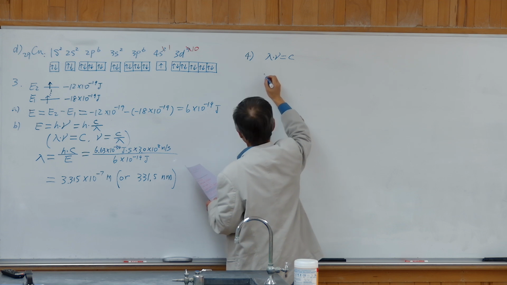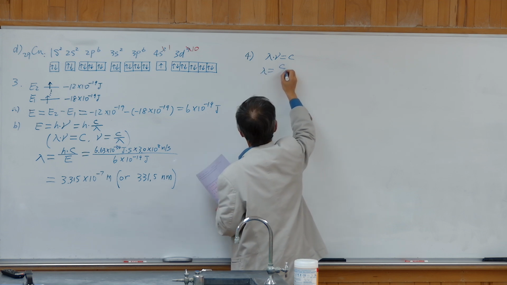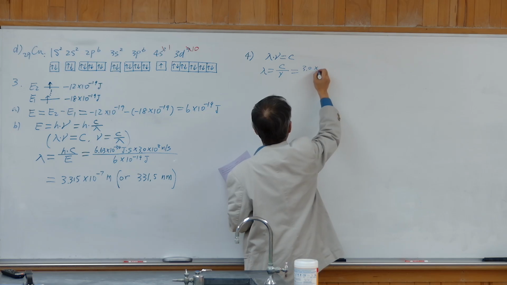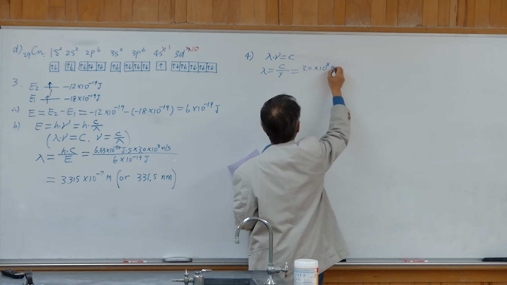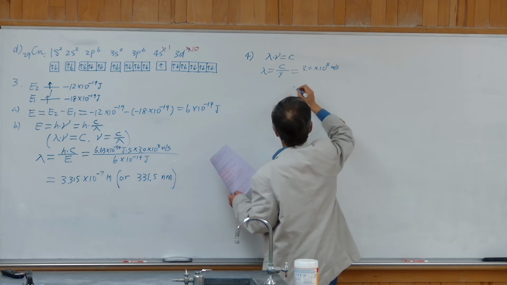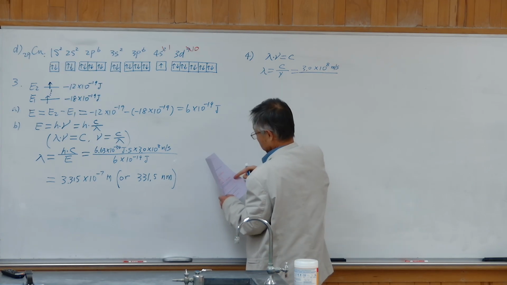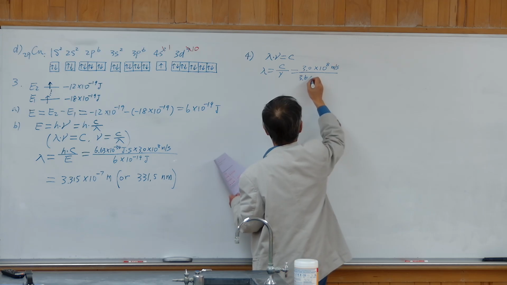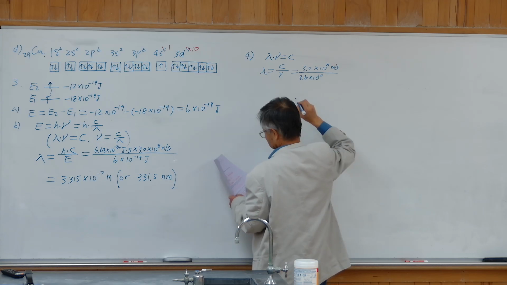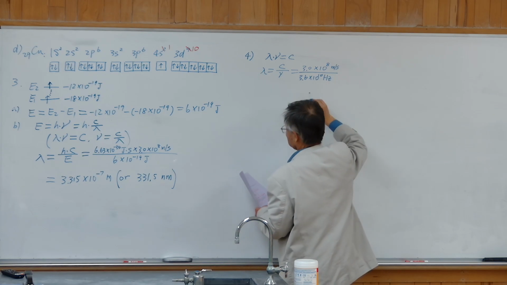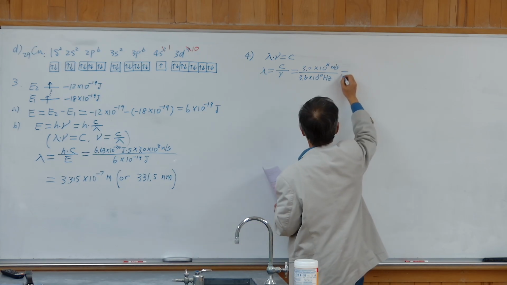So wavelength should be c divided by frequency. c is 3 times 10 to the 8th power meter per second, the light speed. I provided the value here. Then they tell you the frequency is 3.6 times 10 to the 10th power hertz. Hertz cancels per second, leaving meter.